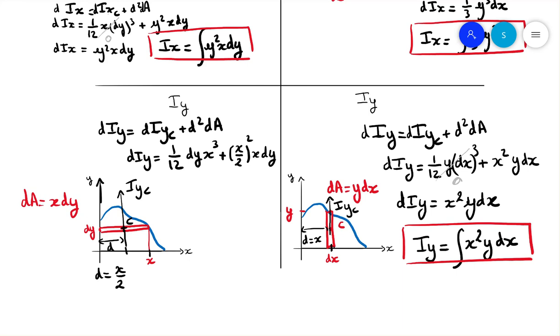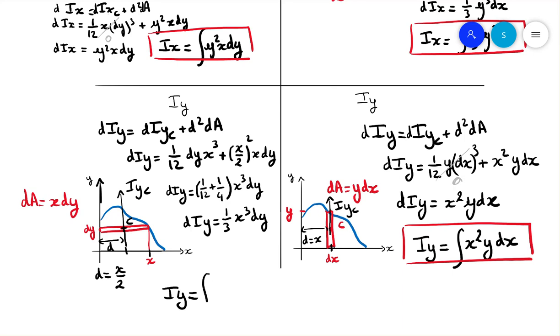Okay, so dIy is equal to 1/12 plus 1/4 of x squared times x, which is x cubed, so x cubed dy. I factorize everything. So dIy is equal to 1 divided by 3 x cubed dy. 1/12 plus 1/4 equals 1/12 plus 3/12, it's equal to 4/12, it's equal to 1/3. So if you take the integral on both sides, we find that Iy is equal to the integral of 1/3 x cubed dy.